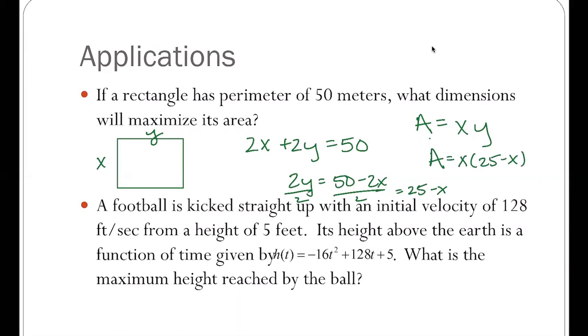What you're going to want to do here is graph this on your calculator, and once you have this graphed, you are looking for the maximum value. If we multiply this out, we would have 25x minus x squared, which you can see is a quadratic that opens downward. So it will have that maximum value. Use that feature on your calculator to find the maximum value.